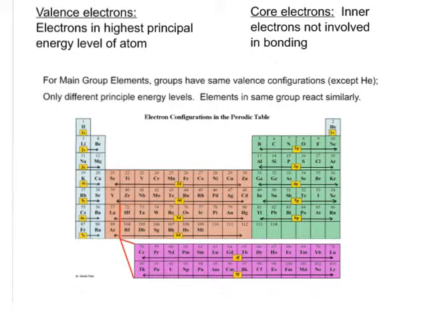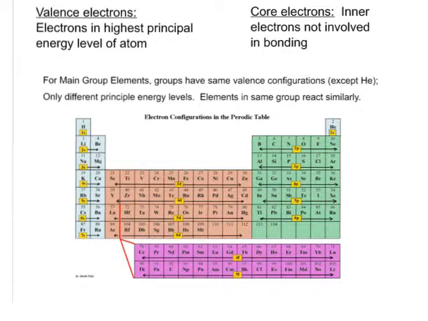And I've been using this word, but just to define it, valence electrons are, if you didn't already know, electrons in the highest principal energy level of the atom. So the valence electrons for, say, beryllium, 2s2. Those are its 2 valence electrons. And fluorine has 7 valence electrons.